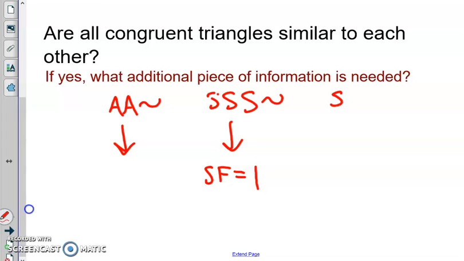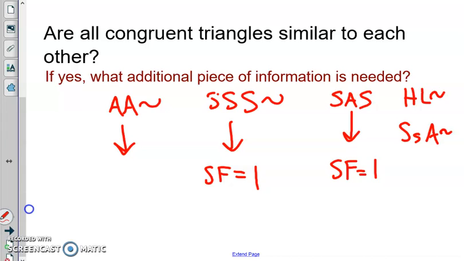For side-angle-side, same thing, the scale factor between corresponding sides has to be 1. That would also be true for the other two similarity rules as well. We'll say triangles are congruent when the scale factor between corresponding sides is 1, and that makes them identical.